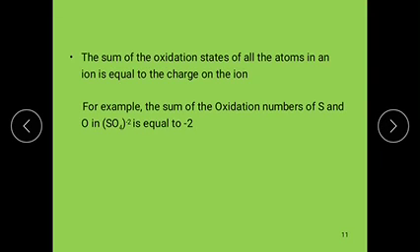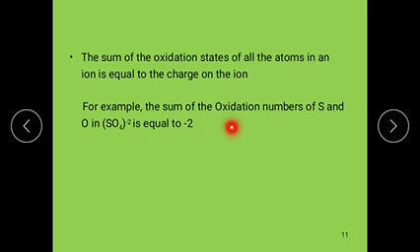In the ionic state, for any ionic species, the sum of the oxidation states of atoms in an ion is equal to the charge.